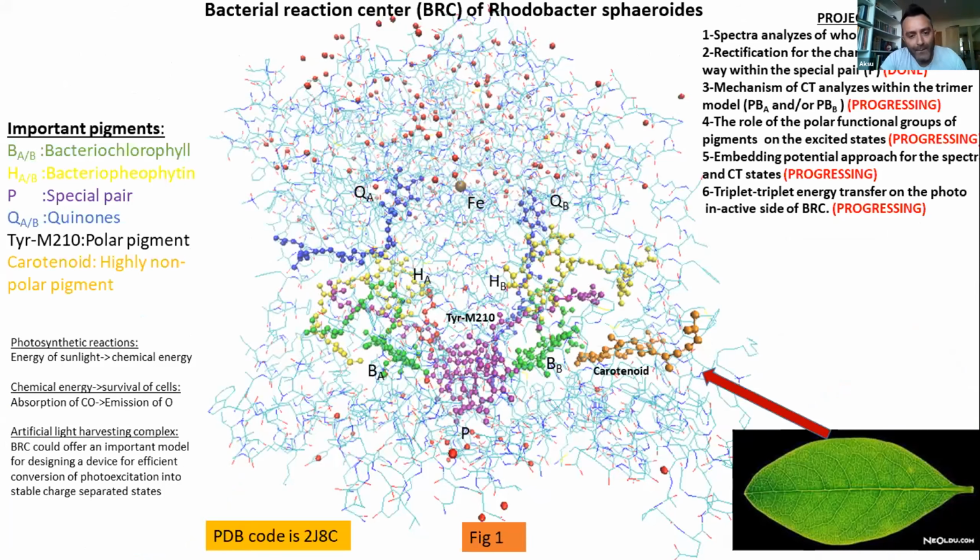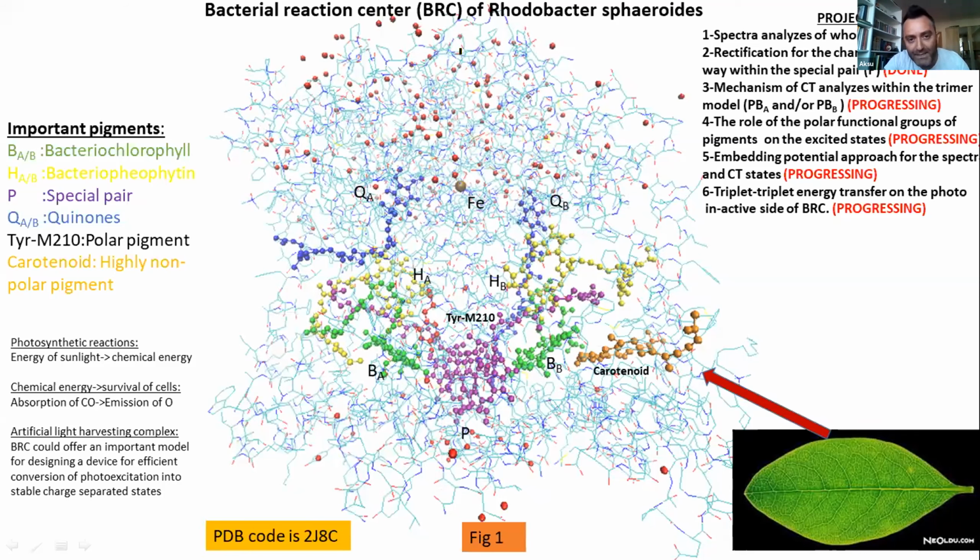This is responsible for the absorption of sunlight, and then generation of the electron charge, which is sent to the cells. This process leads to the absorption of carbon dioxide and finally the release of oxygen for our human life. And I want to show you how this is happening in the complex structure.